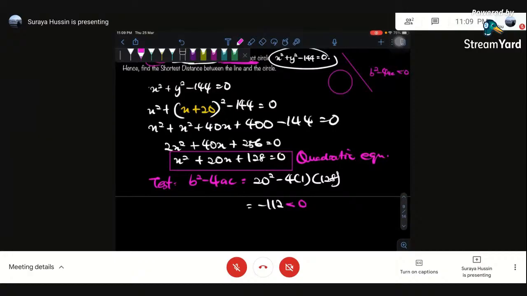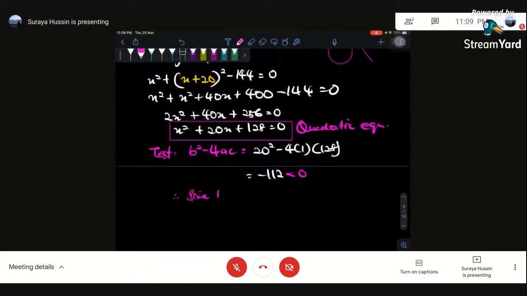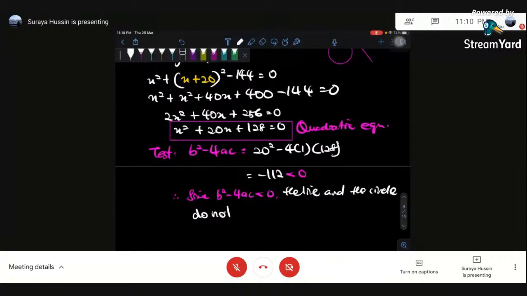So kalau less than 0, since, buat je lah ayat, since B squared minus 4AC is less than 0, so the line and the circle, is it collide? Is it intersect? Do not intersect with each other. That's all. Very easy. Does not intersect at all.